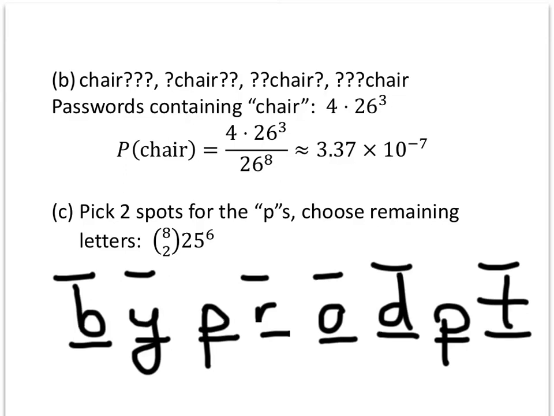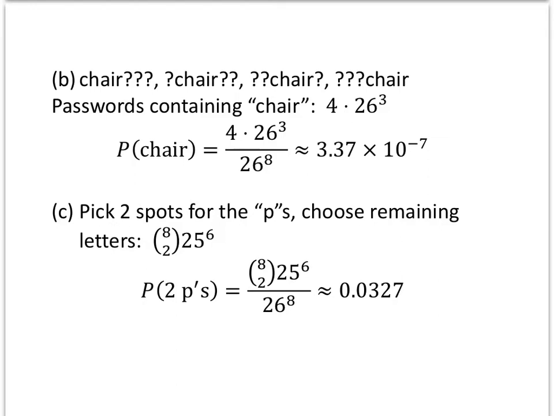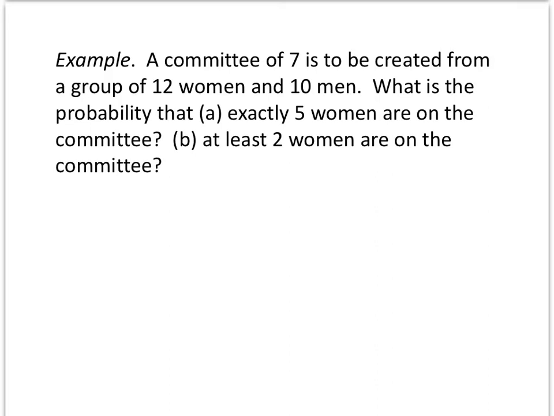So we're going to take our event calculation, the 8 choose 2 times 25 to the 6th, and divide it by 26 to the 8th. And we end up with about a 0.0327 probability, which is a 3.27% chance.